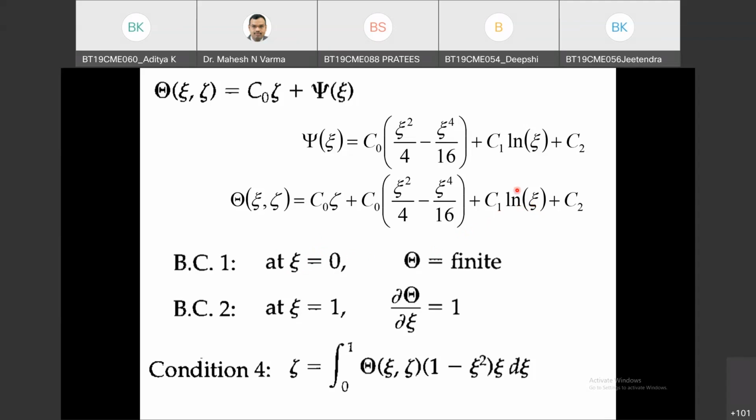So C1 should be 0, or C1 should not be there. Okay. So Deepshika, can't you understand this? This is the first time you are using this boundary condition. Then I got that C1 will be 0. But how? Then why are you keeping quiet?